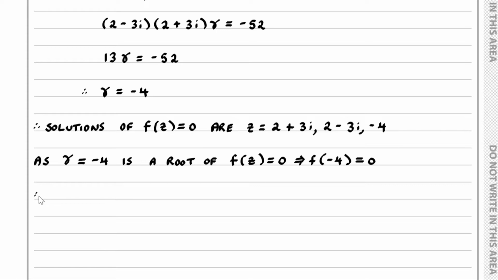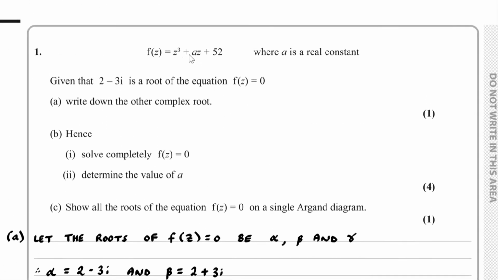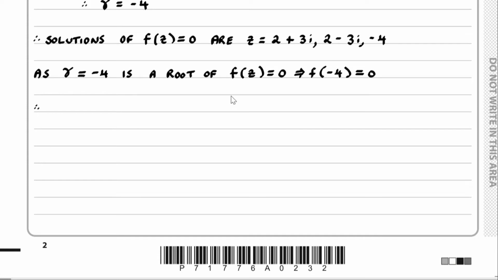And so if I substitute in minus 4 into z cubed plus az plus 52 and set the result equal to 0, from that I can find the value of a. And so we have negative 4 cubed plus a multiplied by negative 4 plus 52. This is equal to 0.